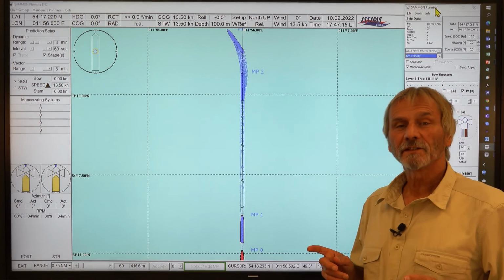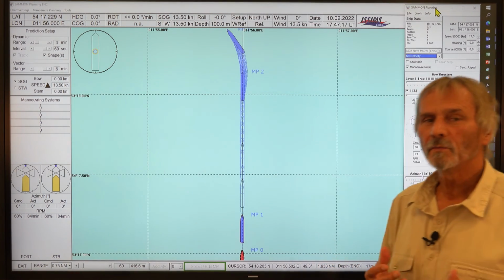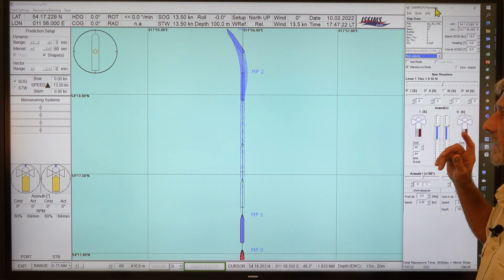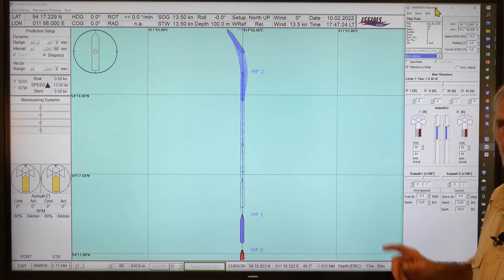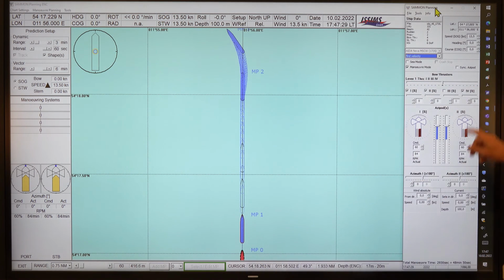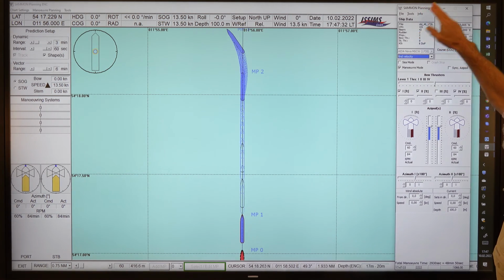This is now the final discussion on toe-in maneuvers. And this time it's a maneuver starting from speed. So the ship is in motion. You see here is the bow of the ship, which is moving with the speed of 13.5 knots.